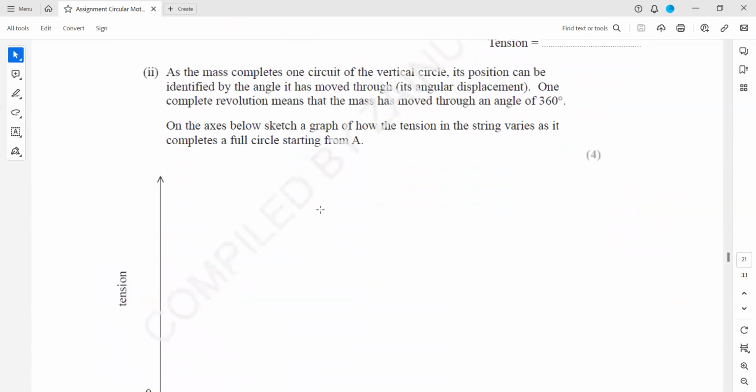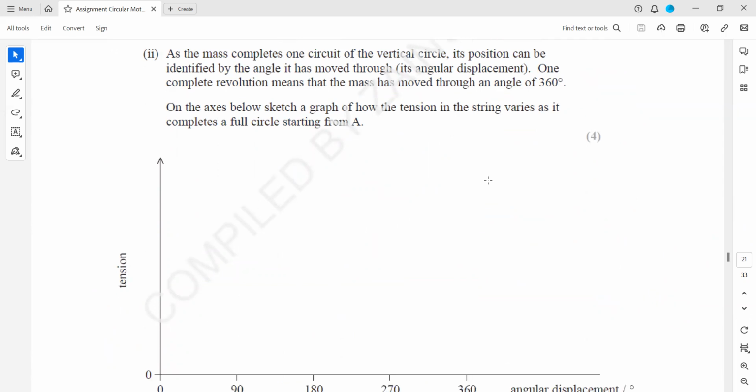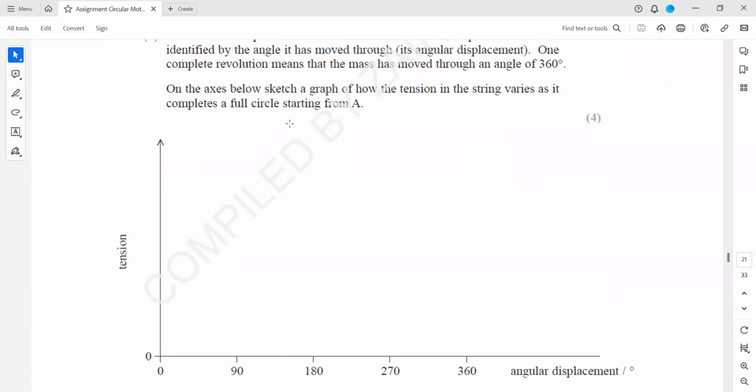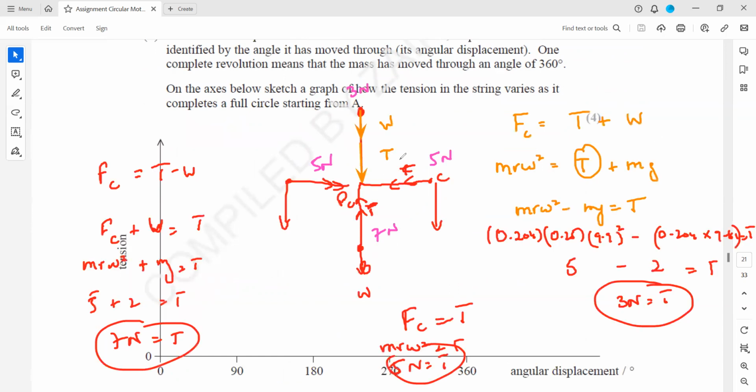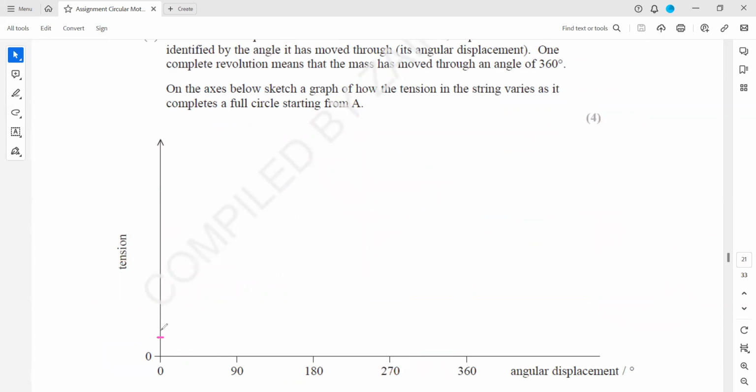So as the mass completes one circle, its position can be identified by an angle moved, using the angular displacement. One complete revolution means 360 degrees, and the tension is there on the axis below.